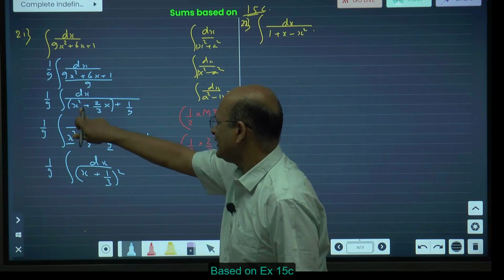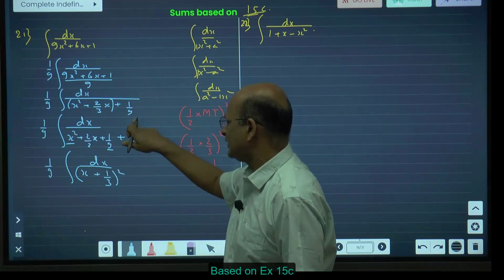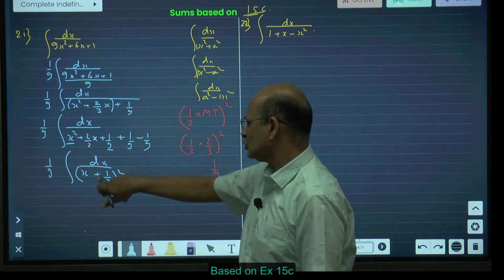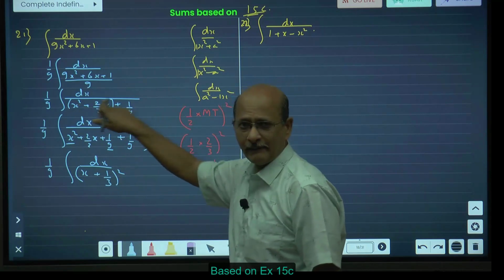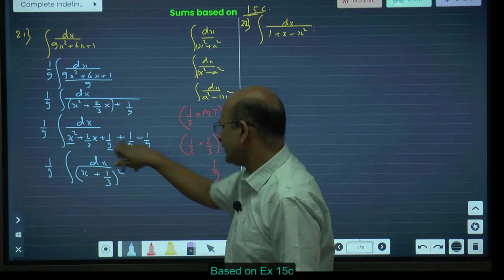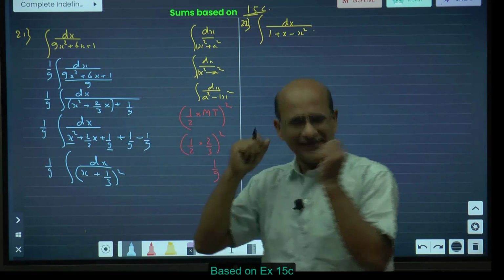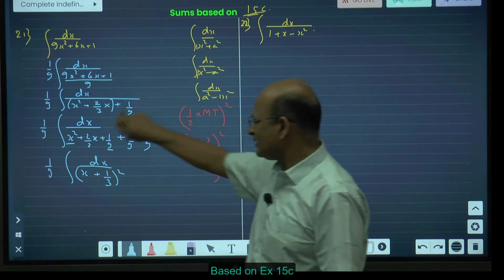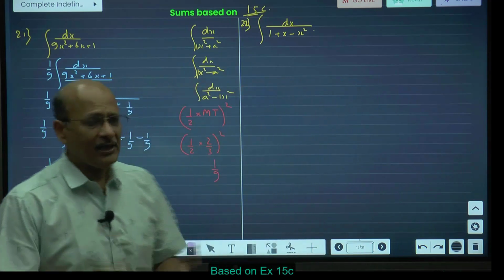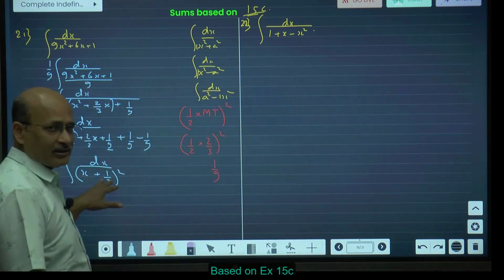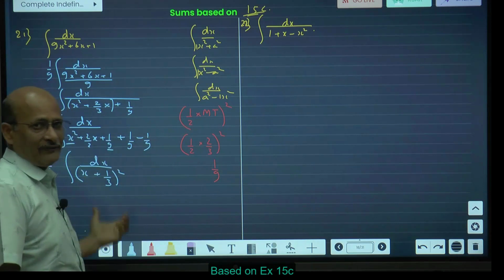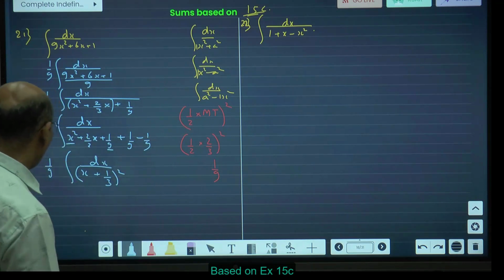Here itself I can directly write x plus 1 by 3 whole square, which will give you this particular expression only. Instead of doing this plus 1 by 9 and minus 1 by 9, you can directly do it. But I specifically insisted to understand this method, because in 90% of sums you don't get a situation like this. You have to add and subtract and then deal. So that's why let us maintain that uniformity.